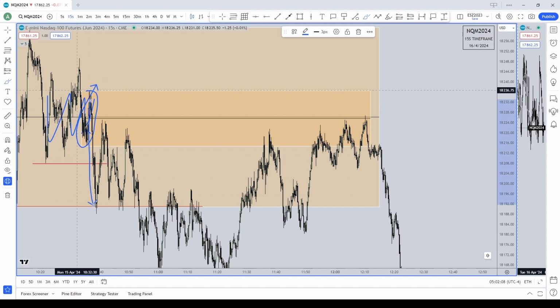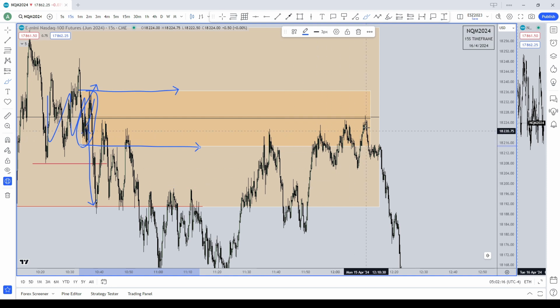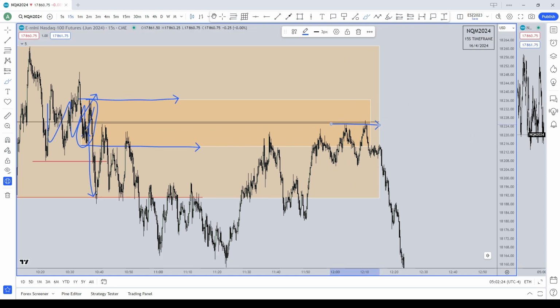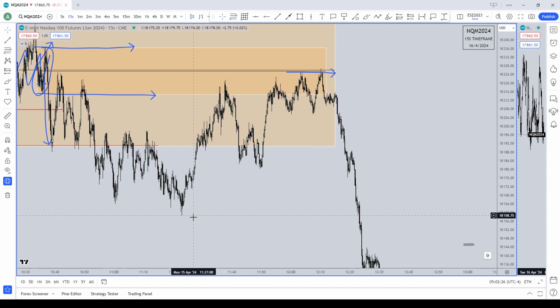That means it's an important zone, and that important zone is waiting for the price until that zone is mitigated. By the way, what is a double top doing? A double top is taking the low, which low traded the double top.